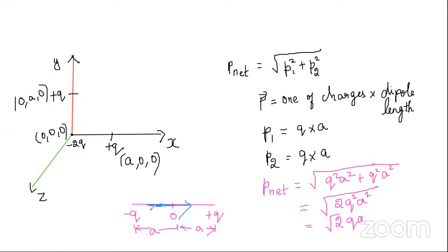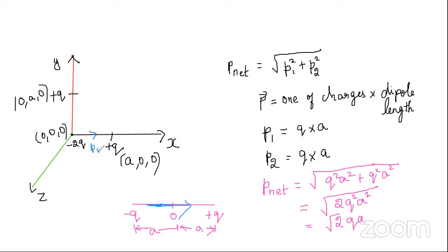Based on this, you have to find the direction of the net dipole moment for the present problem. Here you have minus q, and here plus q. So what is the direction of electric dipole moment due to this dipole? Let me consider it as P1, along this direction.